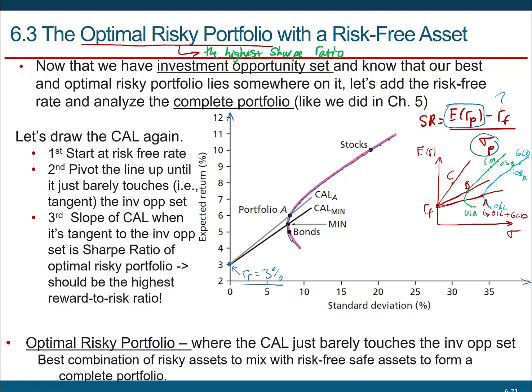Technically, what we can do is have another portfolio, B prime, for instance, that's going to have another combination of emerging markets and USA.